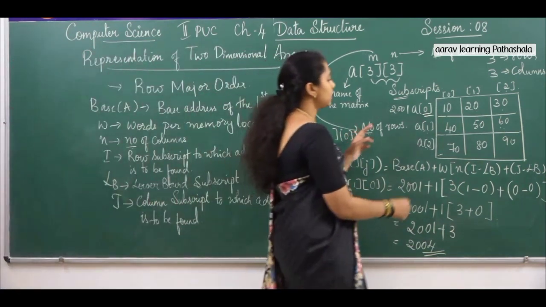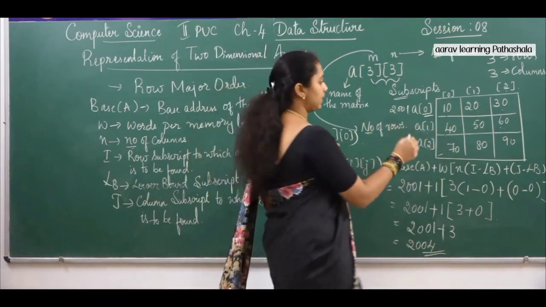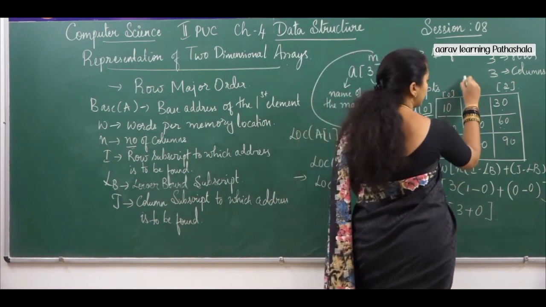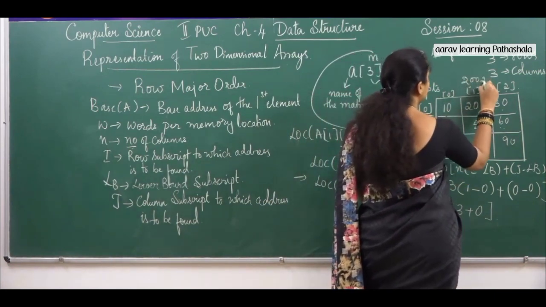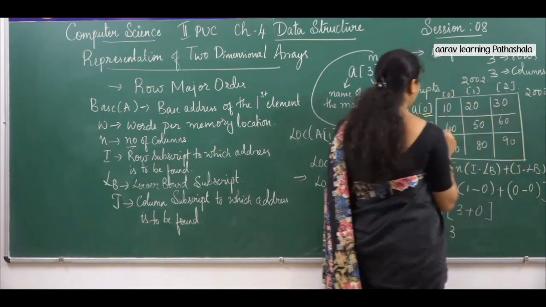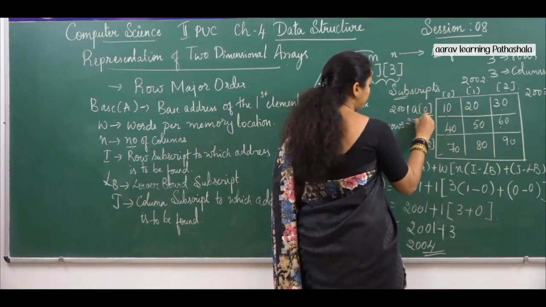So according to the row major order representation, the address of 10 is 2001, the address of 20 is 2002, the address of 30 is 2003, and the address of 40 is 2004.